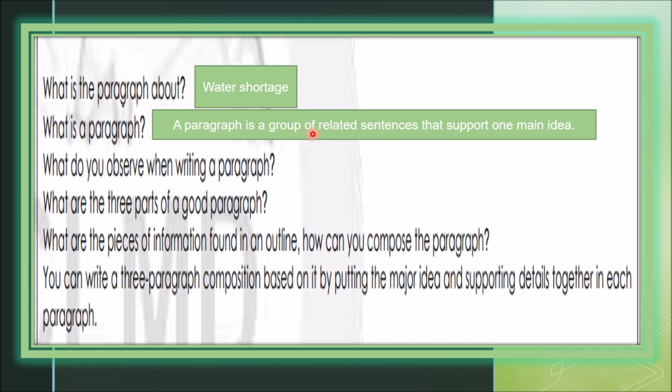So, a paragraph is a group of related sentences that support the main idea. Yan ang paragraph. Then, what do you observe when writing a paragraph? Nakita natin kanina, paano ba natin isusulat ang paragraph ng tama? Anong in-observe nyo habang nagsusulat ng paragraph?